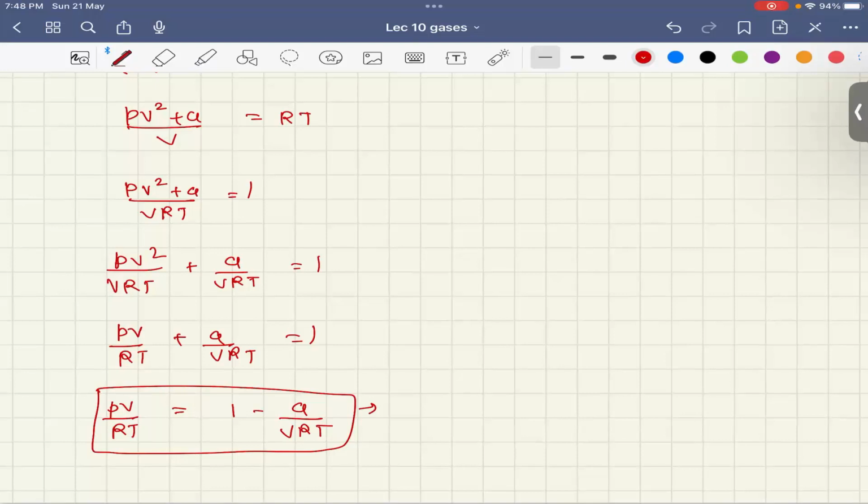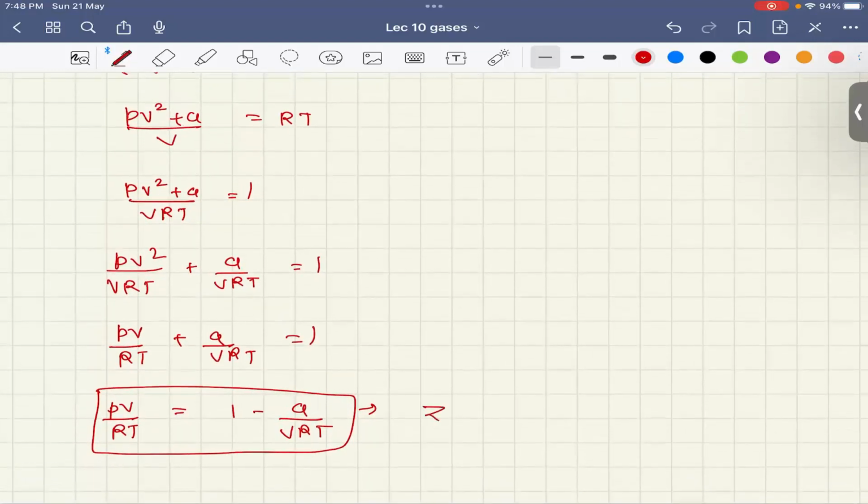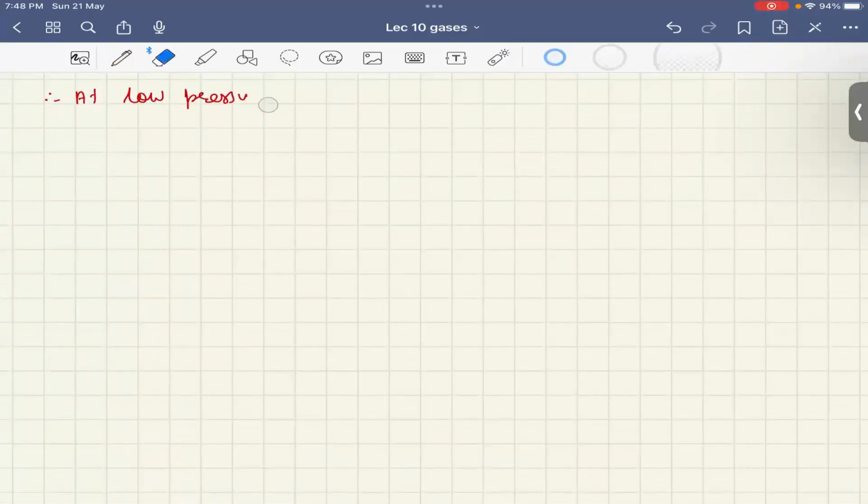At low pressure, PV by RT, that is Z, is less than 1, right? What does this mean? Z is equal to 1 minus a by VRT, so Z is equal to 1 minus some positive quantity, right? Therefore, at low pressure, Z is less than 1, right?